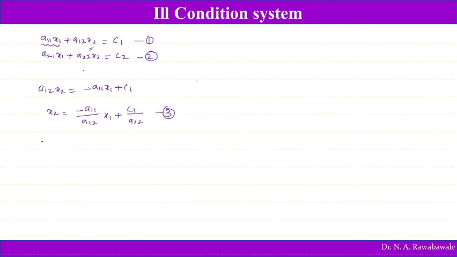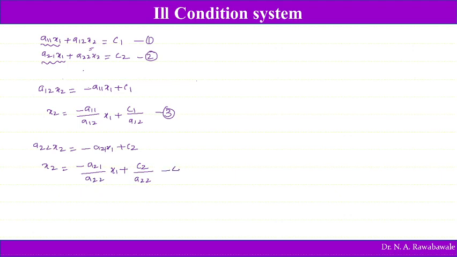Now converting equation number 2 into the equation of a straight line, we get a22 x2 is equal to, transferring the term a21 x1 to the right hand side, minus a21 x1 plus c2, or this can be written as x2 is equal to minus a21 divided by a22 x1 plus c2 divided by a22.